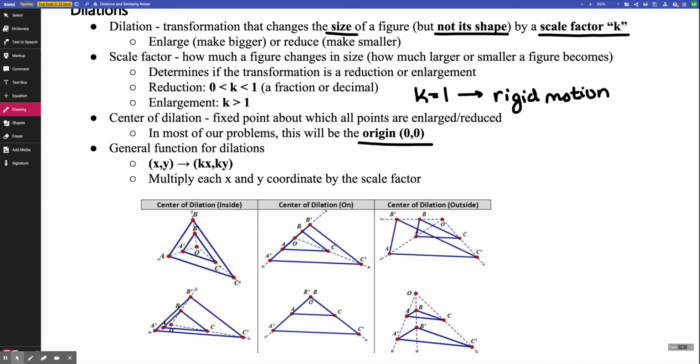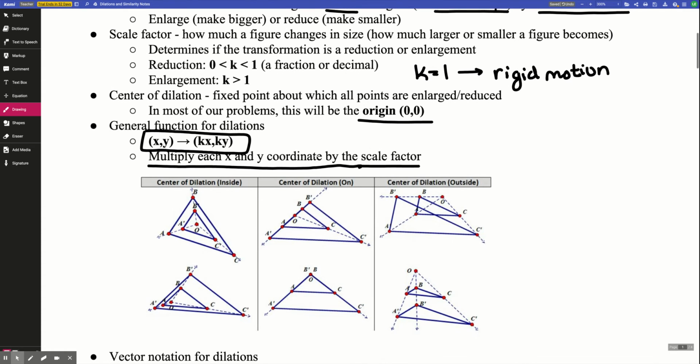So for dilations, which I'm hoping you kind of have picked up just from how I've been talking about dilations, you're taking everything and multiplying the x and y coordinates, the side lengths, whatever it is, by the scale factor. That's what this function says right here: taking my original coordinate points and multiplying them by k.